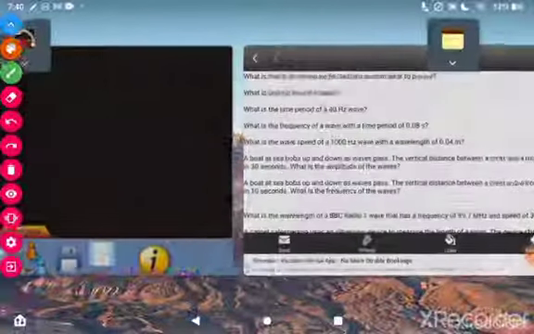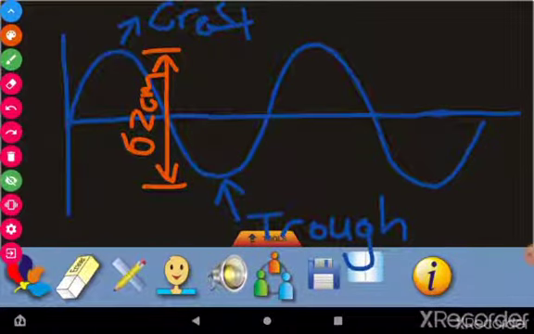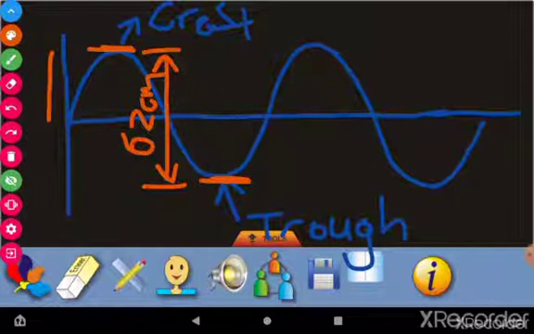We can use this diagram now to derive its amplitude. So if there is 62 centimeters between the crest and the trough, we know the amplitude would be half of this, as the amplitude is from the mean position to a maximum displacement. So we can either go from the mean position to the crest or from the mean position to the trough.